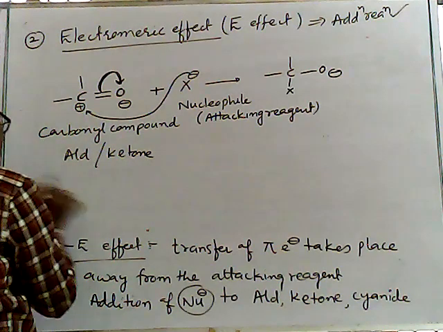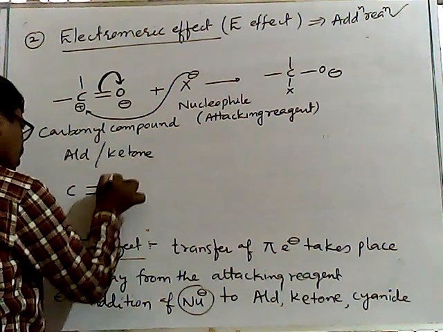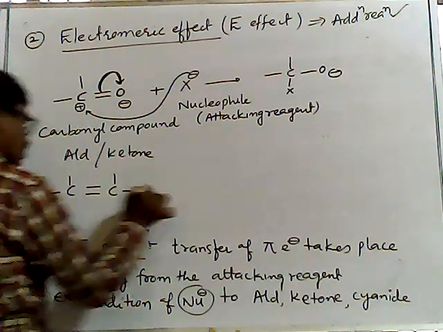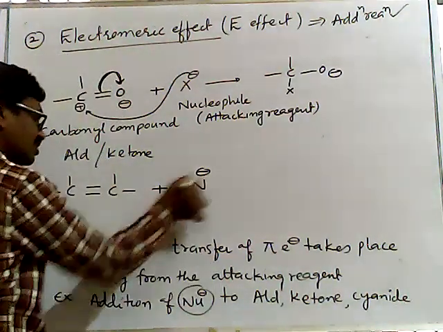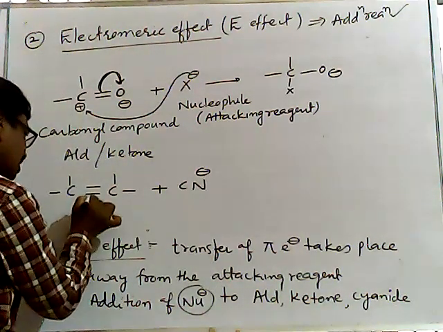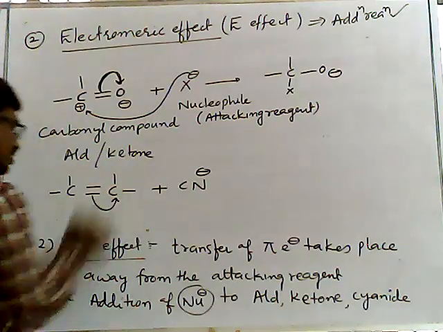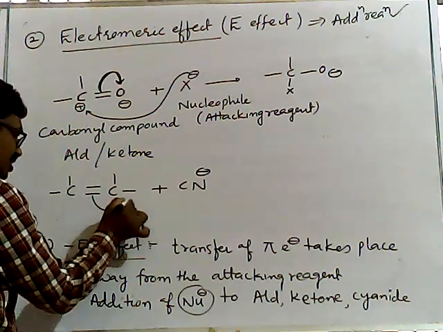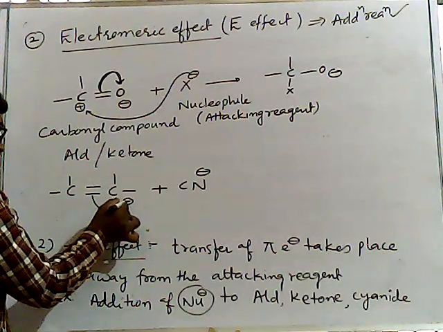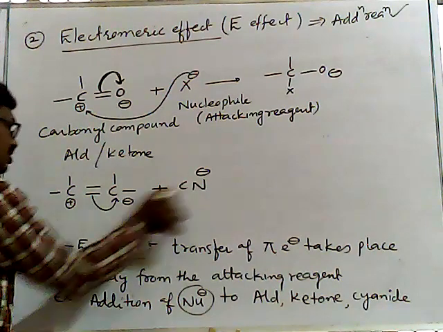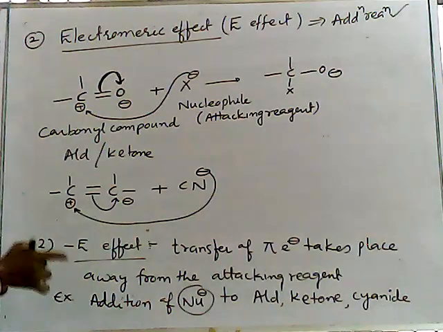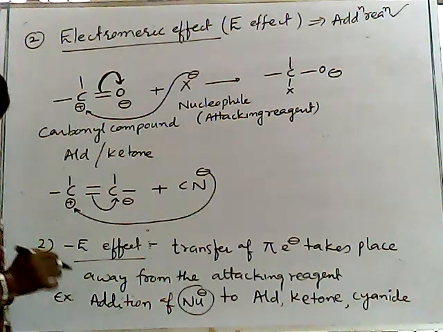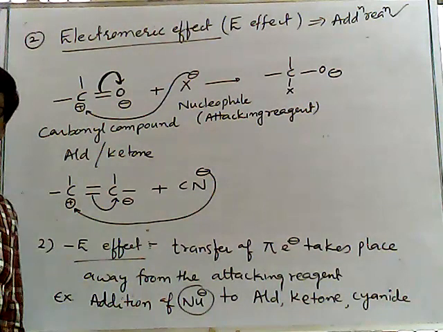Sometimes they may also give a double bond carbon plus, like CN minus. CN minus is a negative charge. For example, if this electron pair is shifted to this side, this carbon can take a negative charge and this carbon takes a positive charge. So here this CN minus is coming to this carbon. Even though it is an alkene, based on the representation they have given, we can say whether it is plus E effect or minus E effect.